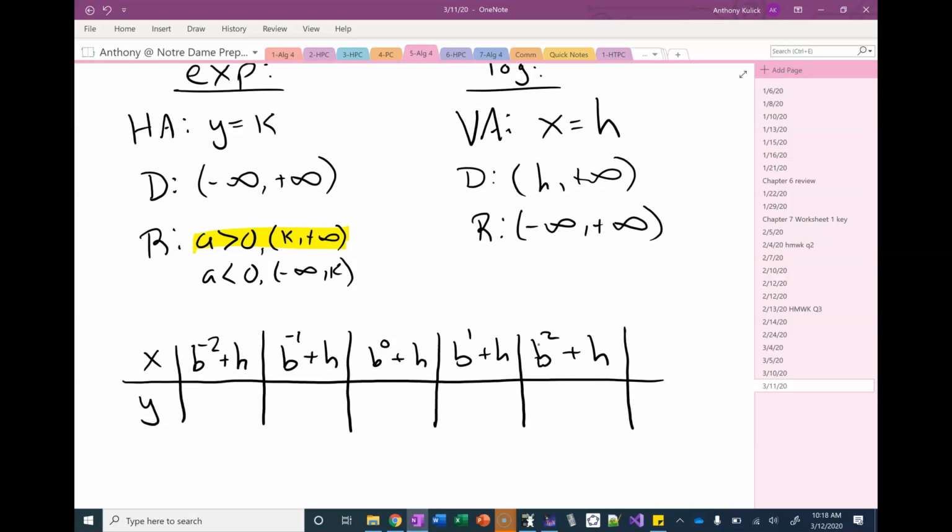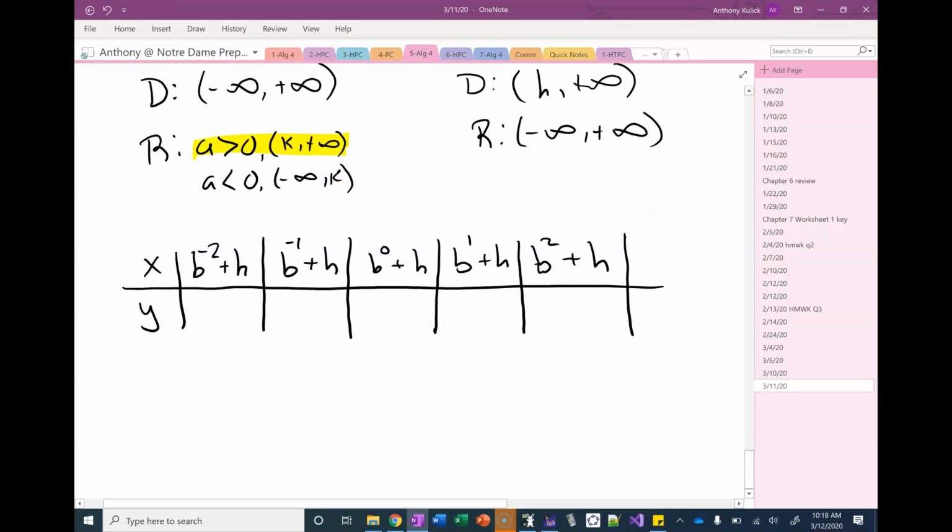Let's just plug one of these into our function just so I can demonstrate why these values of x are preferable. So let's look at b to the negative 2 plus h. So if I plug that into my general logarithmic function, I'm going to replace the x with b to the negative 2 plus h. And let's see what happens here. Notice that I have a plus h and a minus h. So those two can cancel each other out, right?